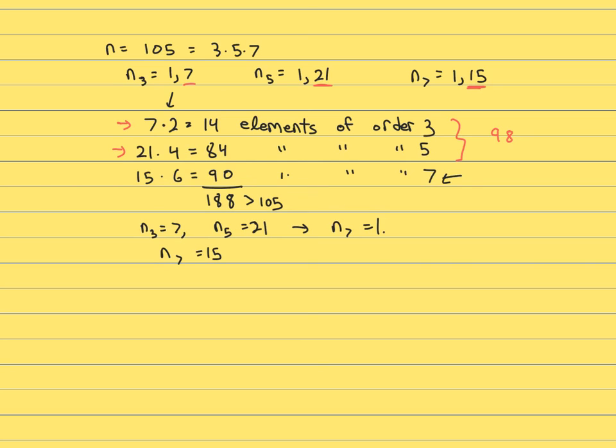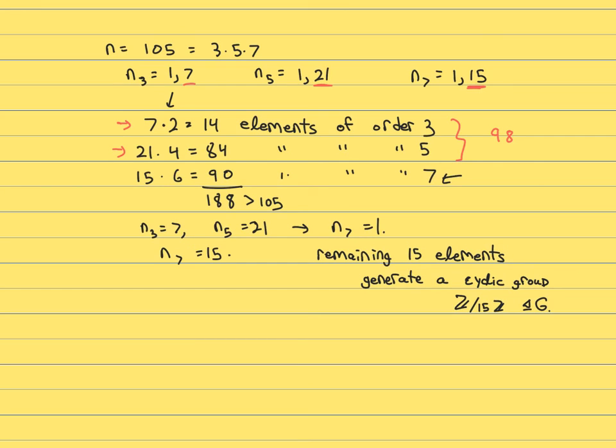So in this case, the remaining 15 elements generate a cyclic group. That's still normal in G.